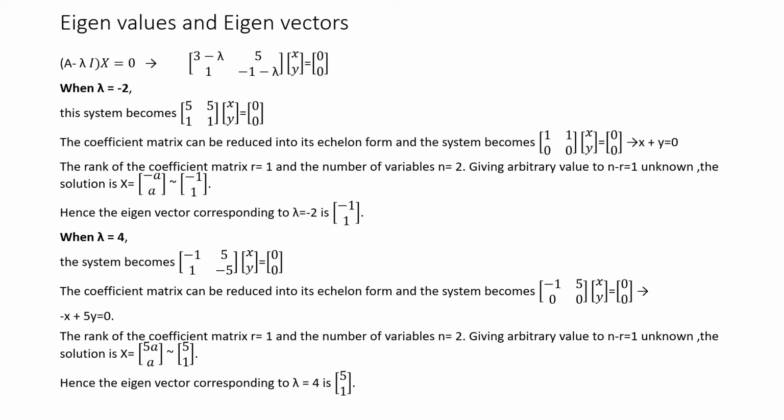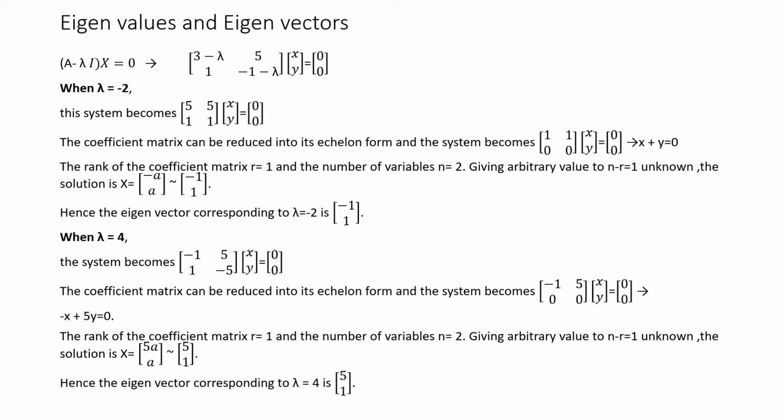When lambda equals minus 2, this system becomes the matrix with rows 5, 5 and 1, 1 into column x, y equals 0. Reduce the coefficient matrix into its echelon form and substitute back in this. We get rows 1, 1 and 0, 0 into x, y equals 0. Converting this into equations, we get x plus y equals 0.